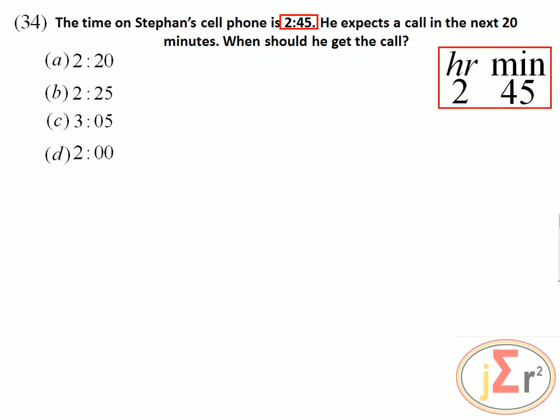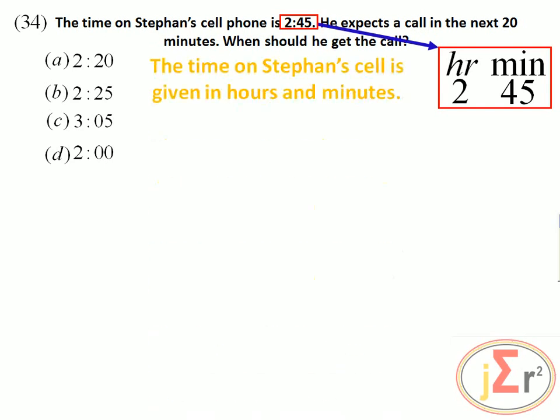So there we have 2:45. 2 represents the number of hours, and 45 represents the number of minutes. And the number of minutes is always given digitally after the hour. The time on Stephen's cell is given in hours and minutes.